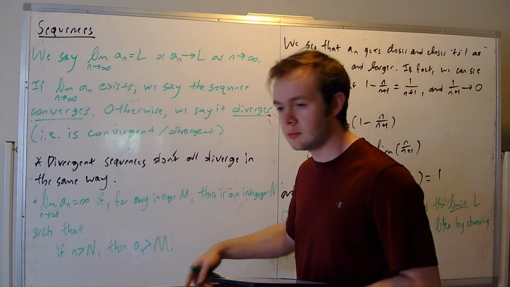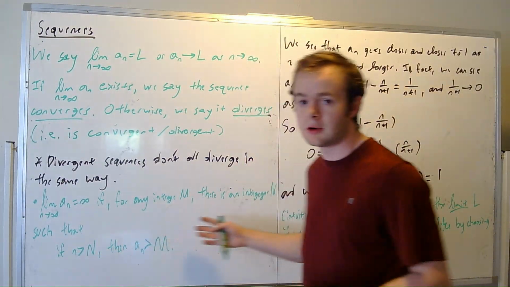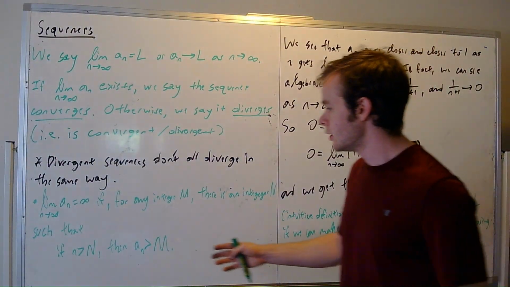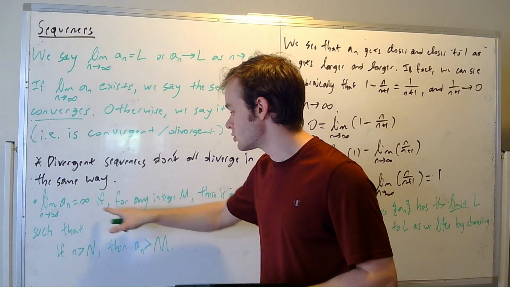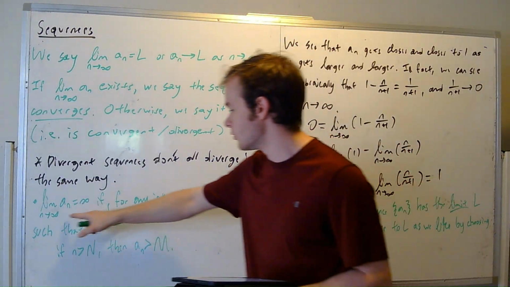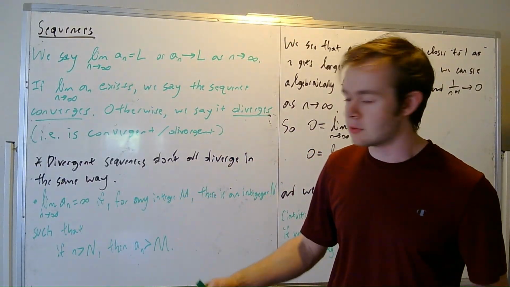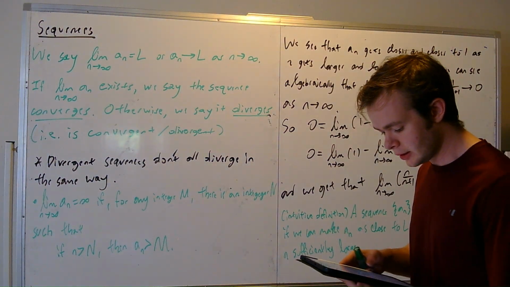If you wanted M to be a billion, there's a point in the sequence such that any number after that is bigger than a billion. Then, if that's true, you'd say that the limit goes towards infinity, right? Because it just keeps getting bigger and bigger. So we'd say that this limit is equal to infinity.